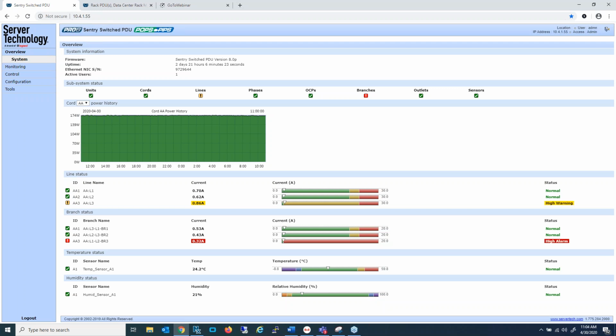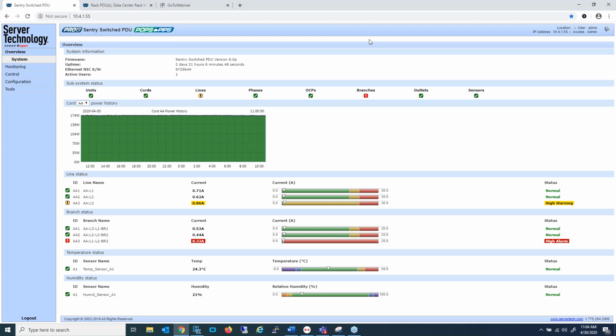The Pro2 series measures literally everything there is to measure, with the only option being whether or not the measurements extend all the way to the individual outlet level. If your PDU is a Pro1 type, if you see Pro1 in the upper left-hand corner, some of the screenshots you'll see today may not apply.